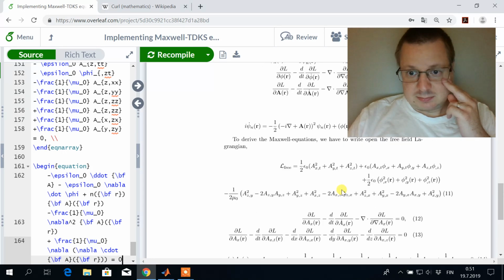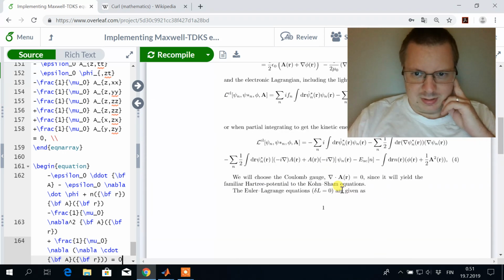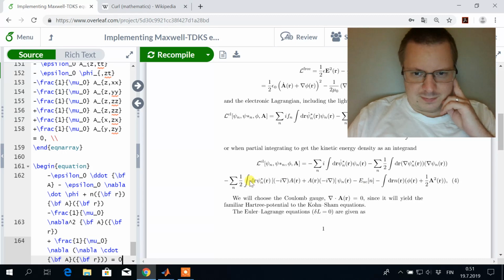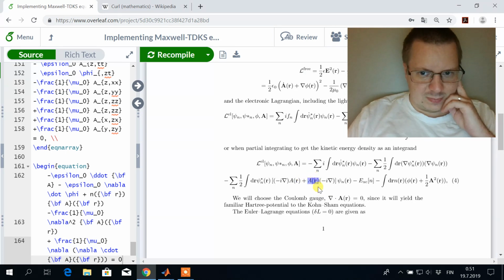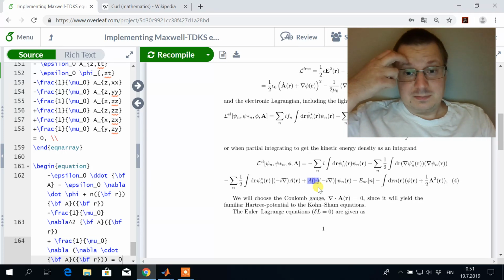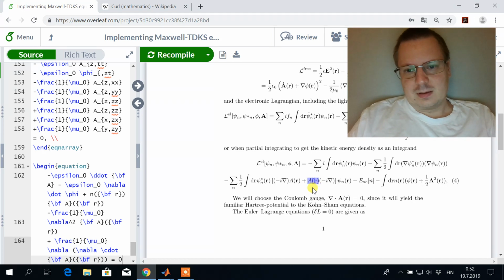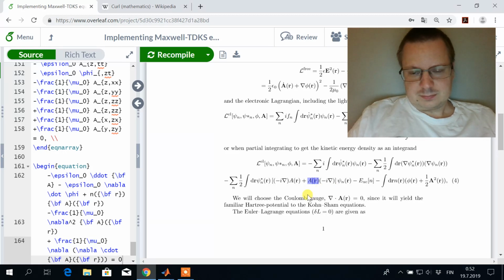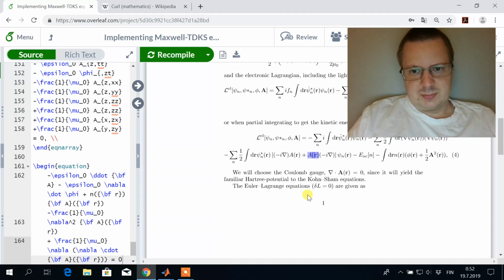So we have the minimal coupling over here, and so we have, for example, A, and this A then becomes the momentum operator.